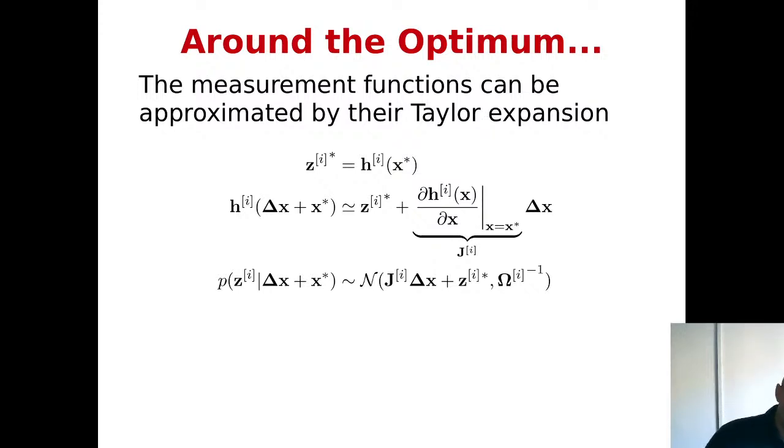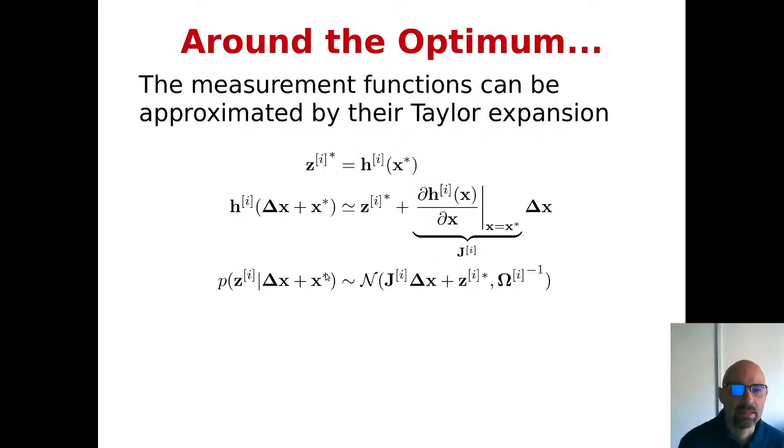Well, recall that each measurement is attached to its own covariance matrix, or equivalently its own information matrix. So if I want to take the state and project it through the prediction function, I might obtain a Gaussian approximation of the predicted measurement around the state X star.